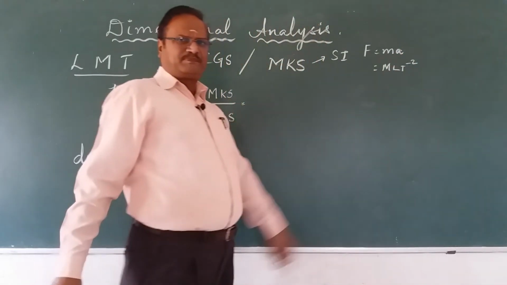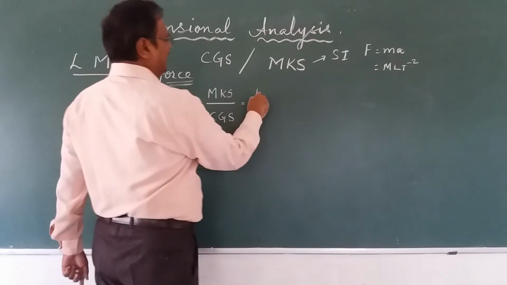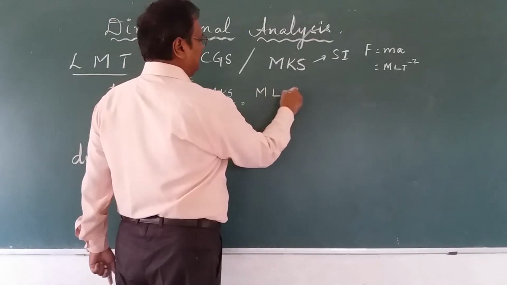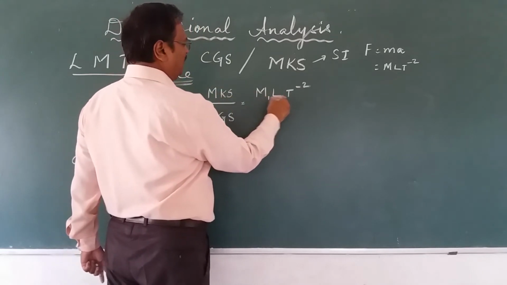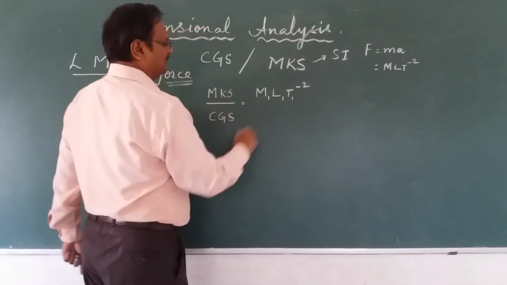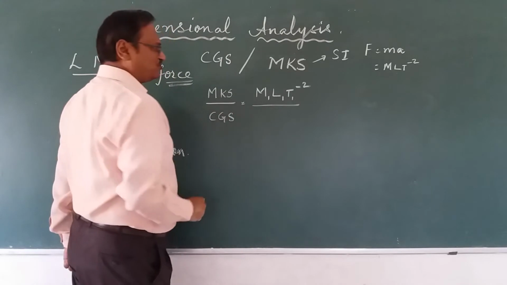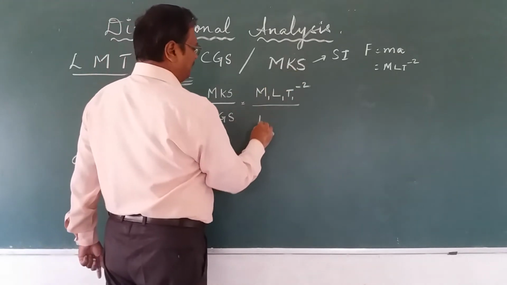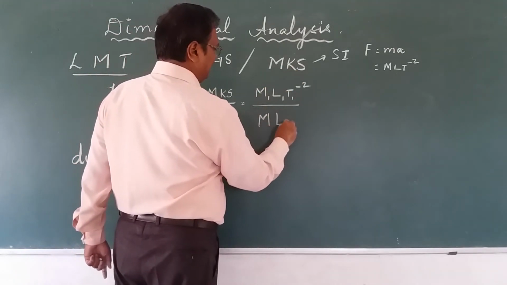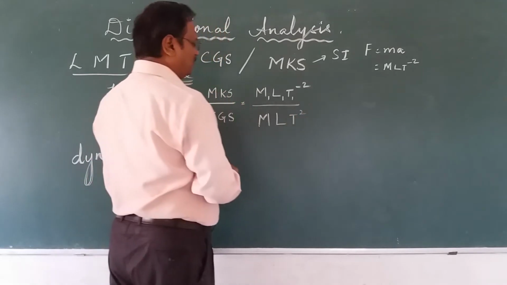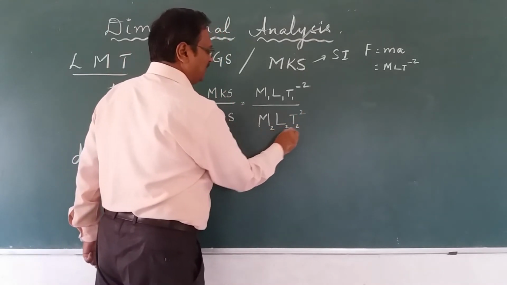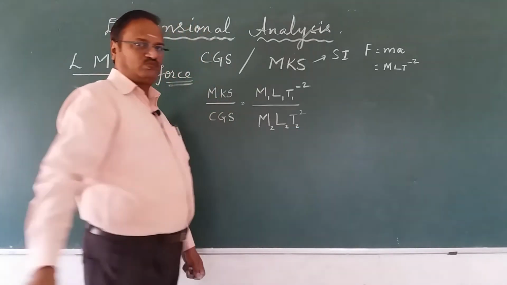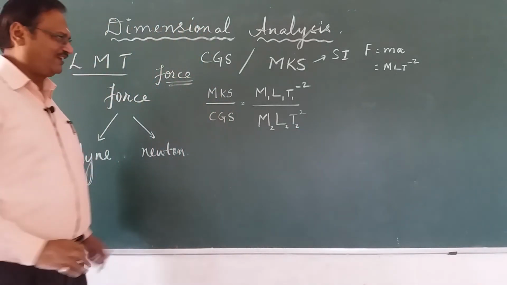So that's all very simple. Now bring it here: M L T power minus 2, with subscript 1 for MKS, divided by the CGS system. The dimension is the same, M L T power minus 2, but this is the second set of units, so I put a subscript 2. Fine. Now this is done.